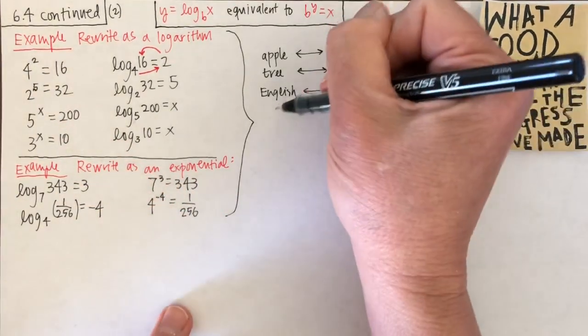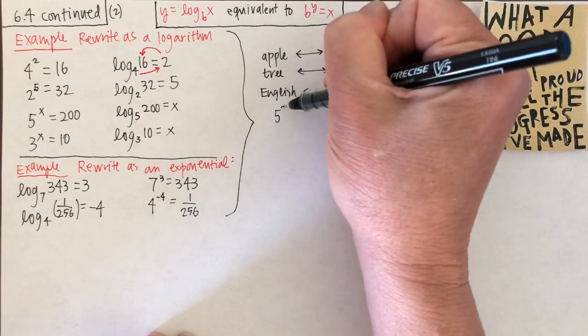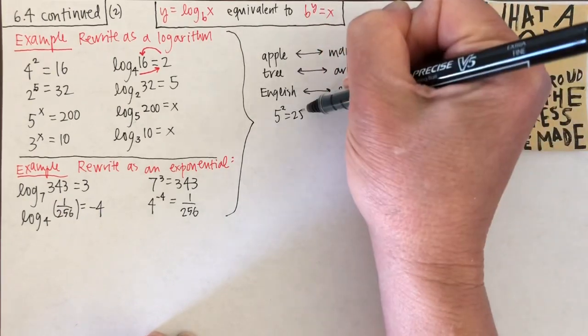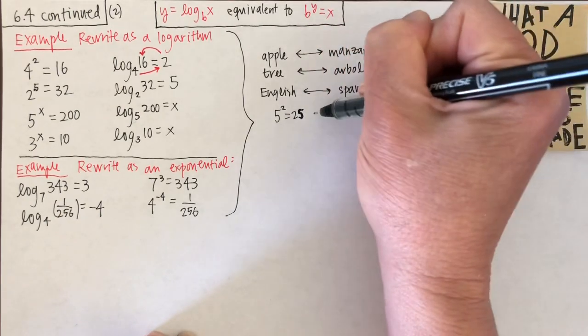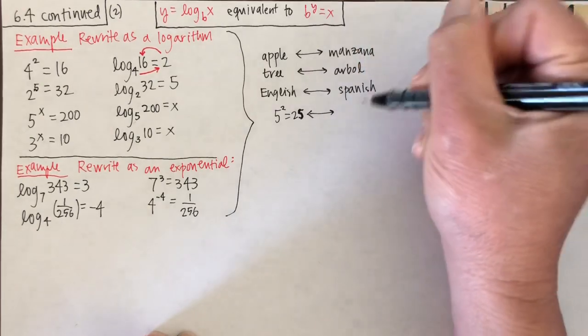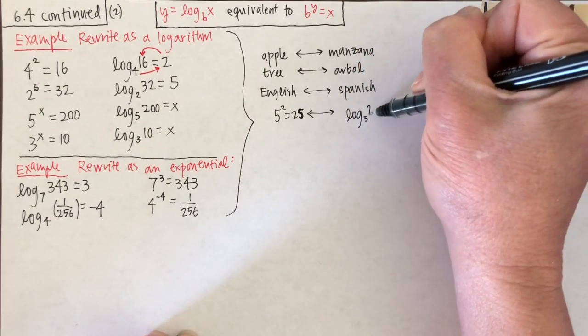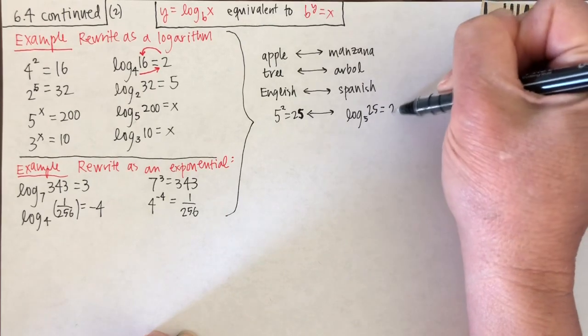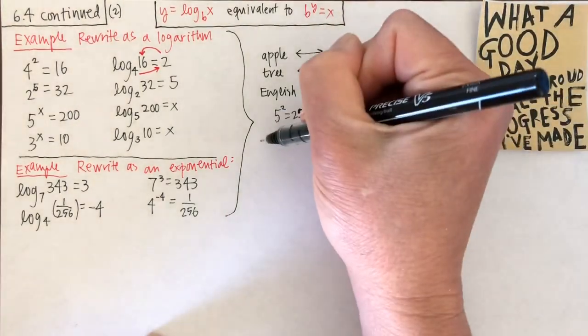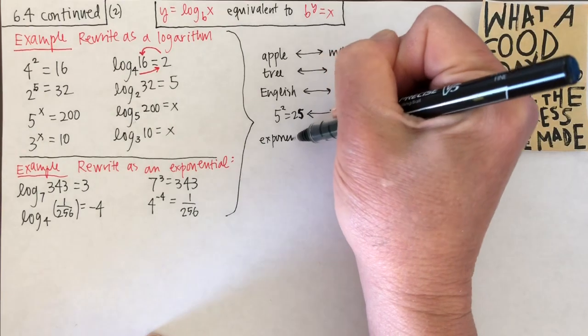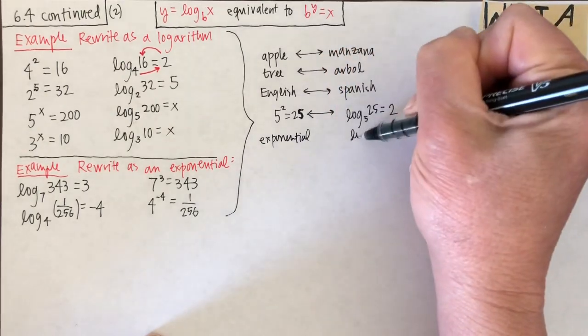So when you say 5 squared equals 25, that can be rewritten as log to the base 5 of 25 equals 2. And this is in exponential form, and this is in logarithmic form.